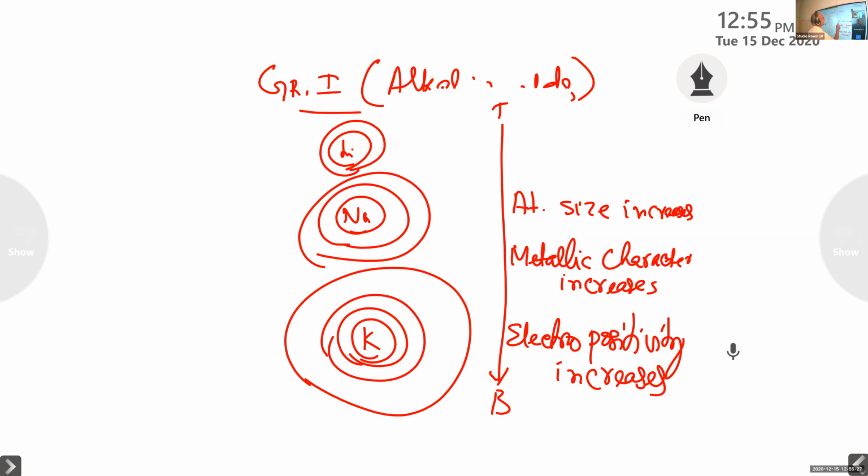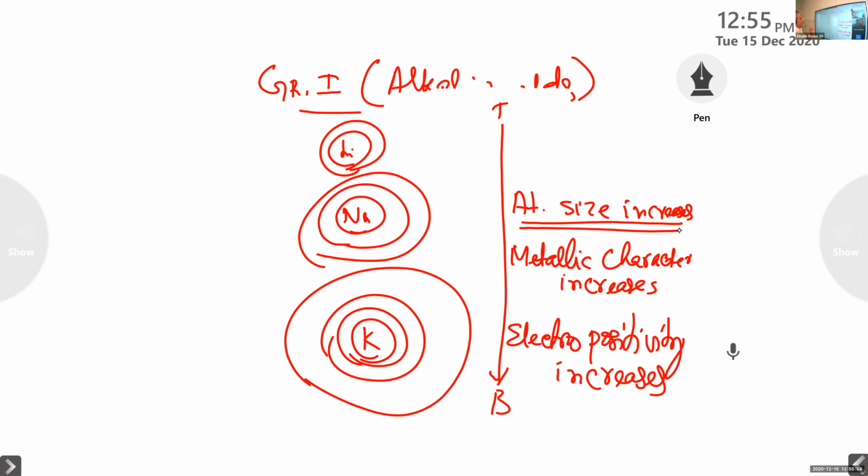What is the reason? That is because down the group, the atomic size increases and the electrons are loosely held. The attraction between the outermost electron and the nucleus decreases. So down the group, the atomic size increases, metallic character increases, electropositivity increases.